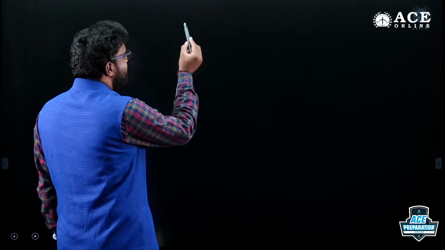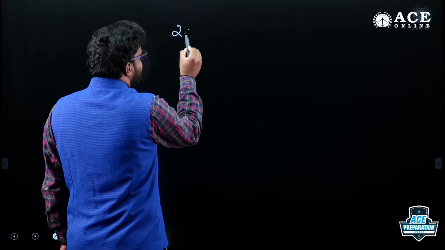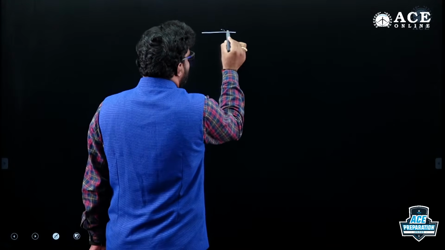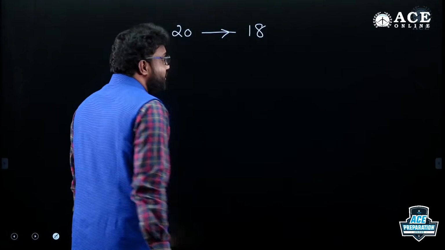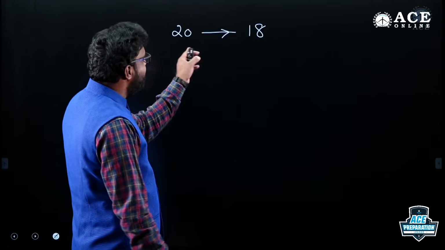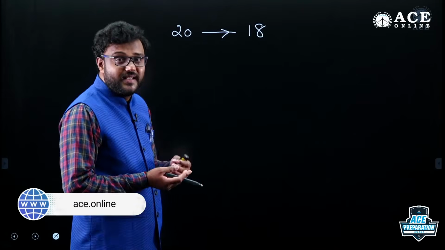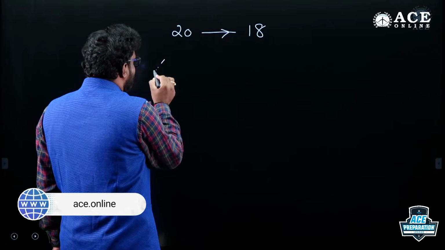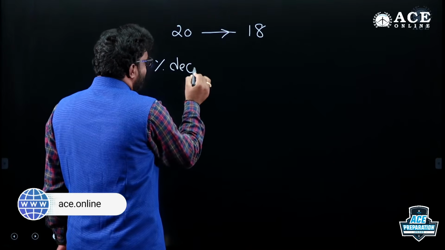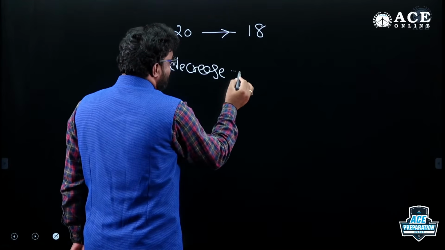See, my dear friends, suppose you have 20. 20 becomes 18. 20 is changed to 18, it is decreasing. What is the percentage decrease, they'll ask.